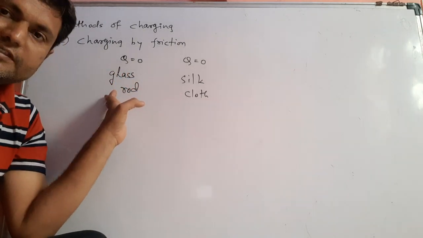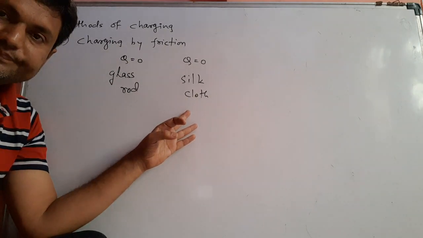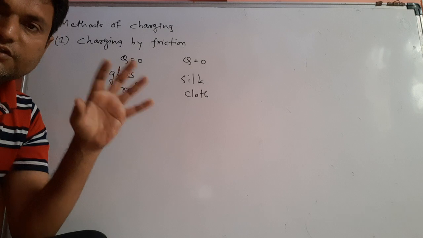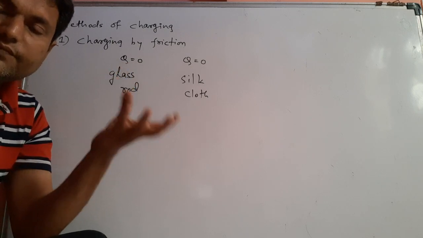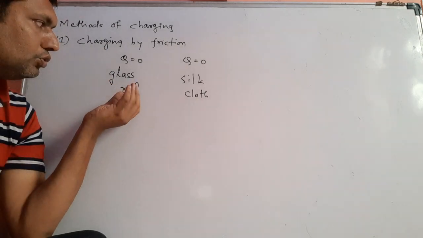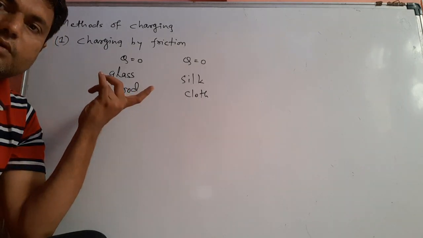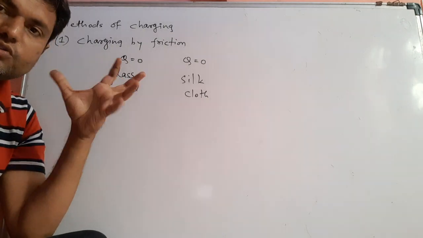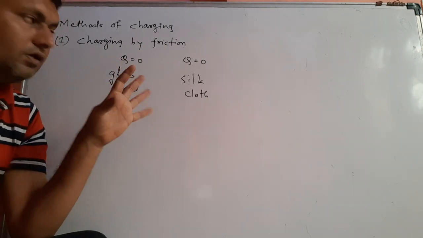So the electrons of each have a different magnitude of Coulomb's attractive force with the nucleus. Now we do not know which body it will be, but suppose we take a glass rod and silk cloth.